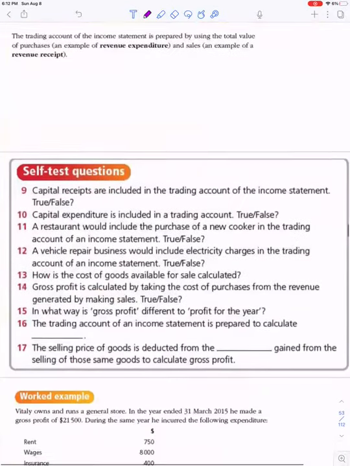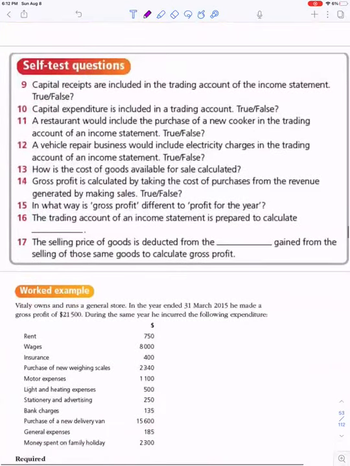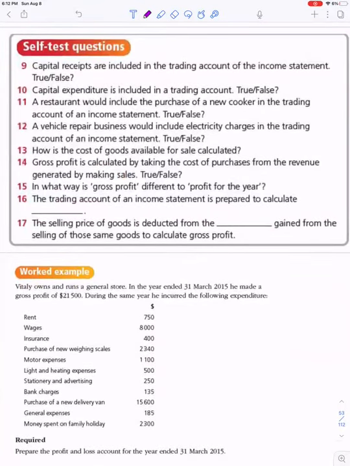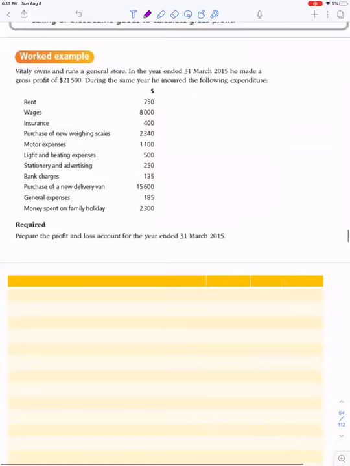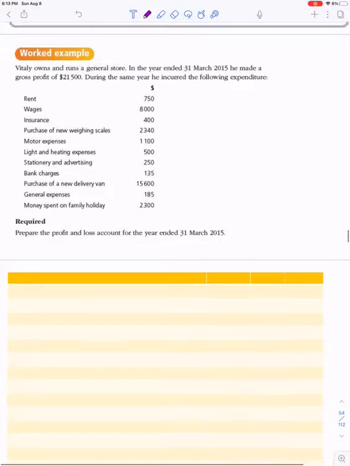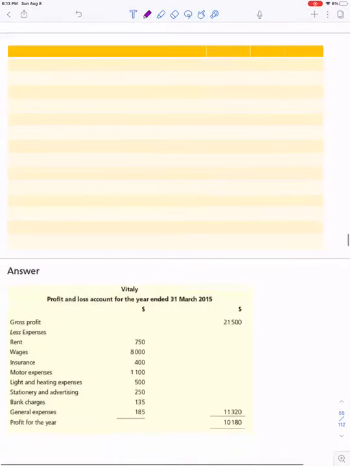Okay. I would also want you to try these self-test questions. Give me an answer in the comment section. After that, you can try out this sum and come up to the profit for the year. Do not forget to distinguish between the assets and expenses. The answer is down.